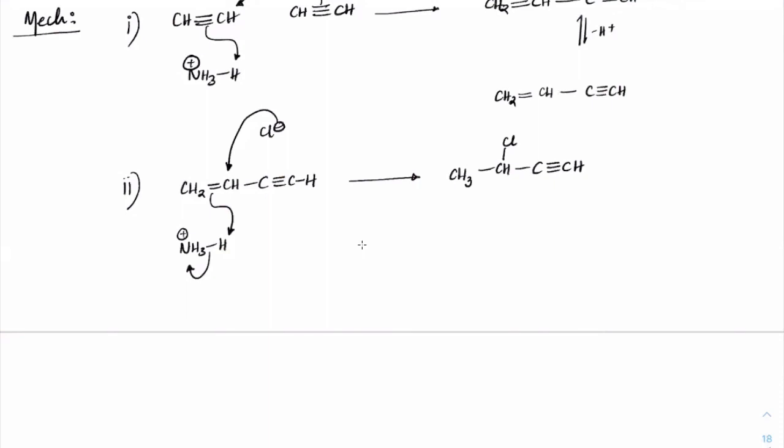Right. Now comes the rearrangement. Once you have this form, see the rearrangement. We will have CH3, which I'm writing this way, and we have CH which has chlorine present on it, and then we have C triple bond CH present on it. This bond will get rearranged to form a double bond.